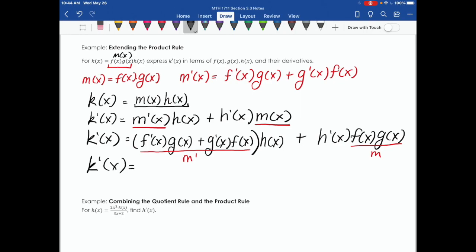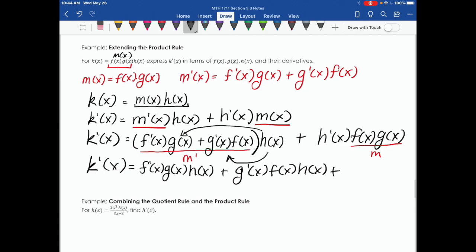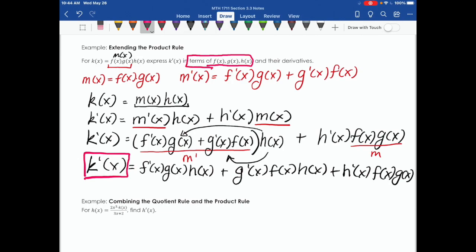Now, the last step is to distribute that h of x. So k prime is equal to, I'm going to distribute the h of x times each of these. So I have f prime of x times g of x times h of x plus g prime of x times f of x times h of x plus h prime of x times f of x times g of x. So there we have the derivative of k of x in terms of f of x, g of x, and h of x, like it asked in the question.